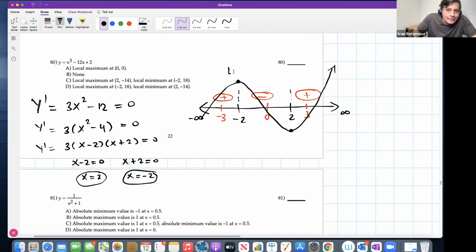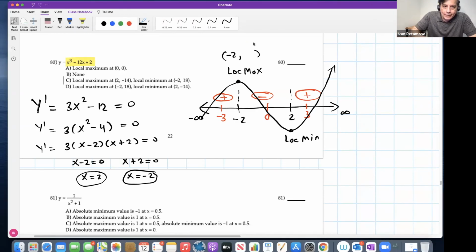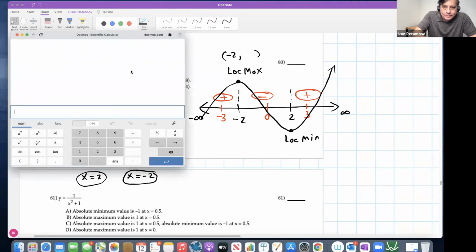So clearly, this is telling you that this is a local max, and this is a local min, right? The local max will have these coordinates: -2, and the partner of -2 via the function. We can compute it. Let's see that.